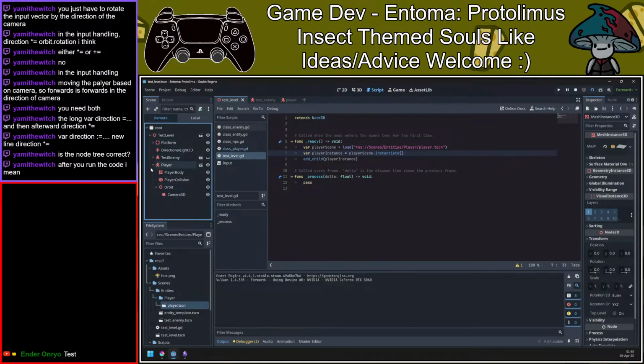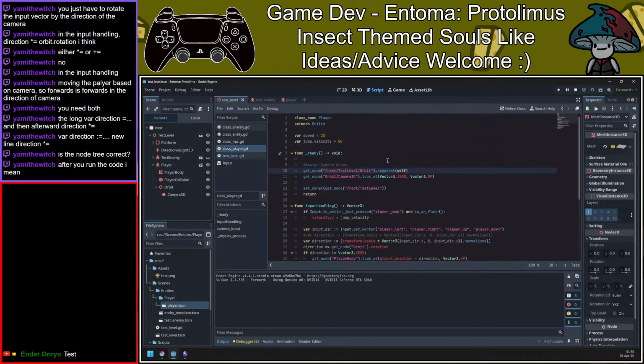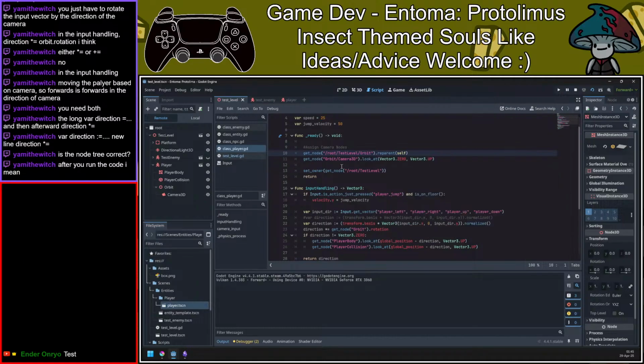We have player, player body, player collision. Okay, root, test level, orbit.